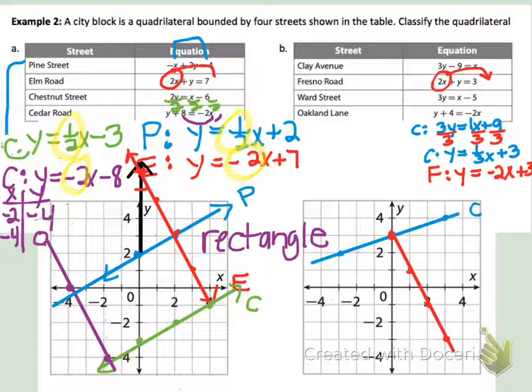Ward Street, in order to get Ward Street in slope-intercept form, I just have to divide everything by 3. So that's going to be y equals 1/3 x minus 5/3.